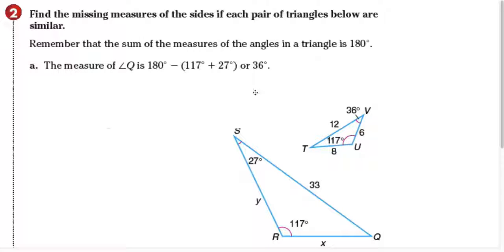So that's the measure of angle Q. And then the measure of angle T, which is on the smaller triangle, again it's the same thing.